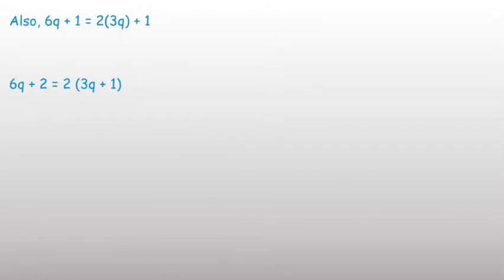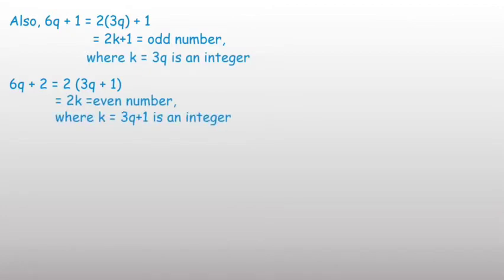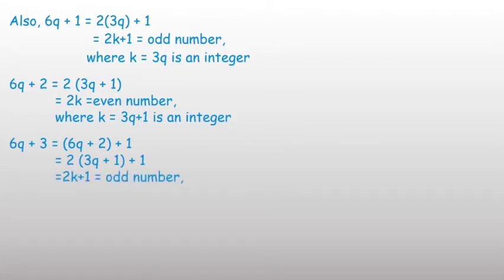Also 6q plus 1 means remainder is 1, which we can write in the form of 2k plus 1. 6q plus 2, which is even number, we can write in the form of 2k. 6q plus 3, which we can write in the form of 2k plus 1.